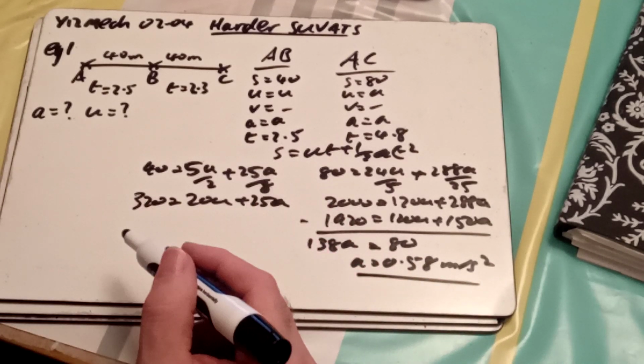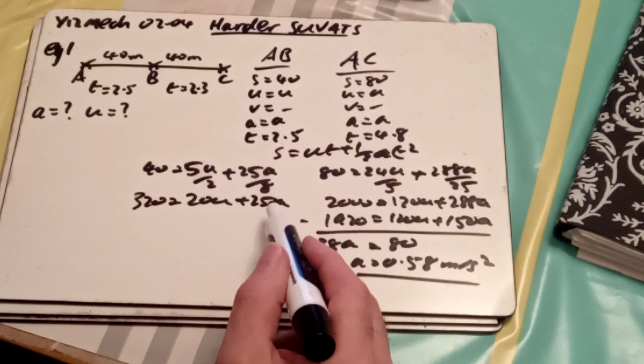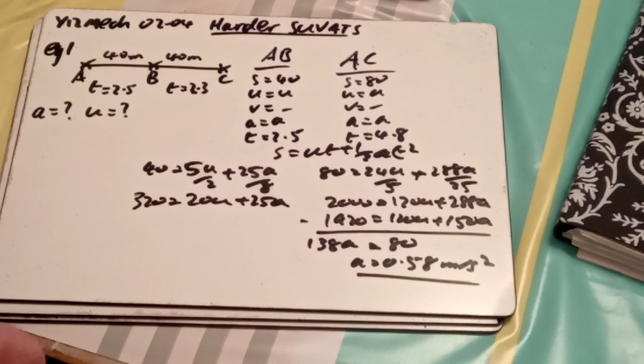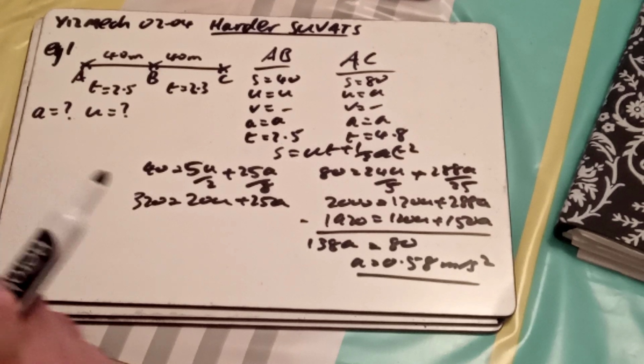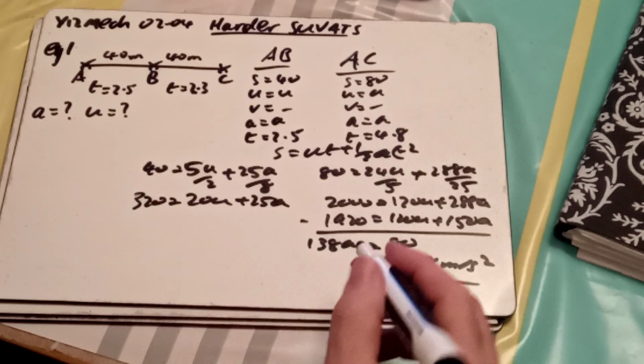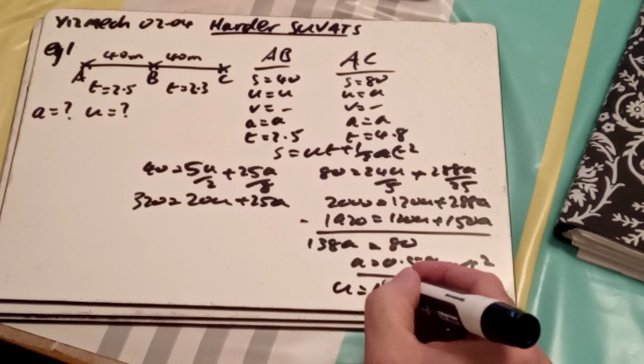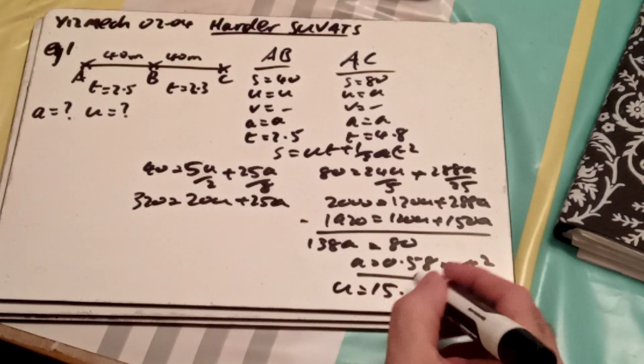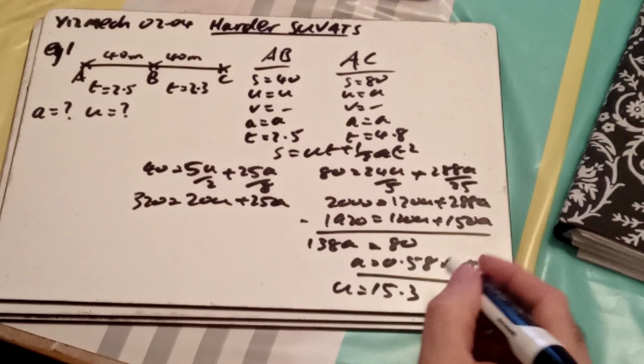I'm going to use my previous answer and stick it into this one, times by 25 equals that, 320 minus my answer equals that, divided by 20 equals, and I've got 15.3 metres per second. U equals 15.3 metres per second.